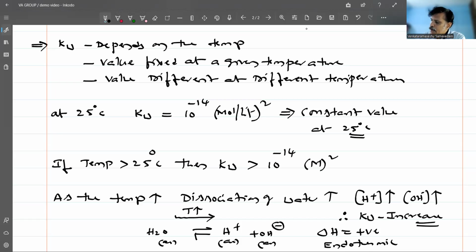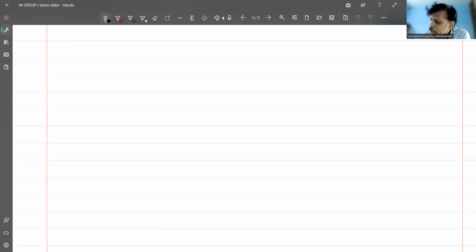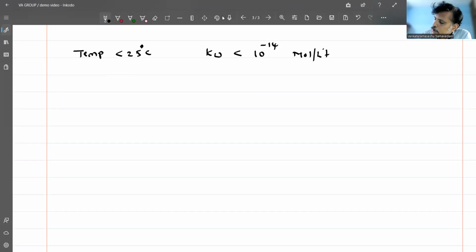In the same way, if the temperature is less than that of 25 degrees centigrade, then Kw value is less than that of 10 power minus 14 mole per liter whole square. The same phenomenon applies.